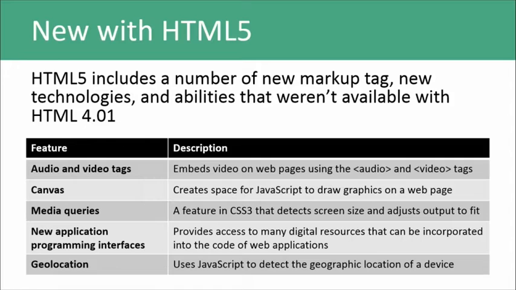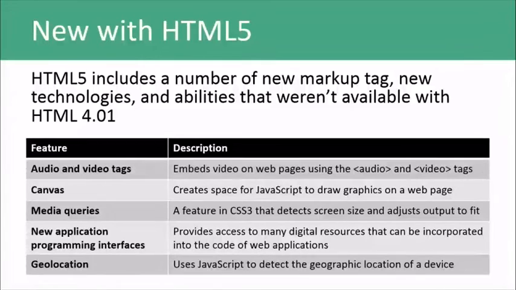And then we also have new application programming interfaces, which allow us a quicker way to access digital and hardware resources. Finally, you might have something like geolocation, which allows us to access our latitude and longitude, our location, wherever we're walking around about town.